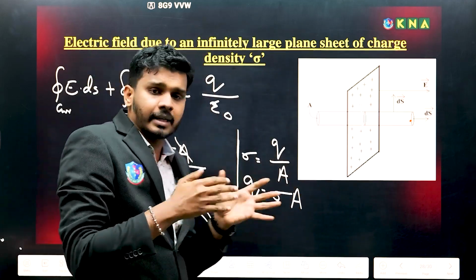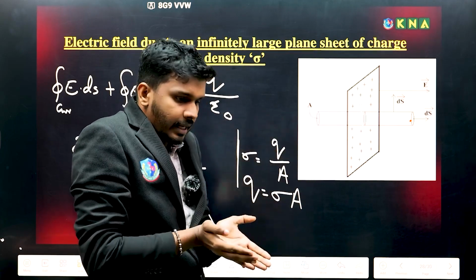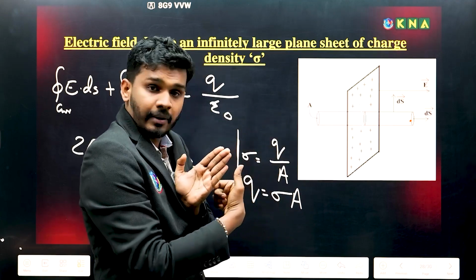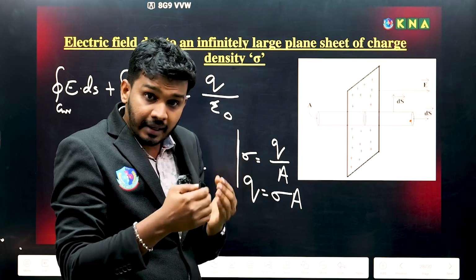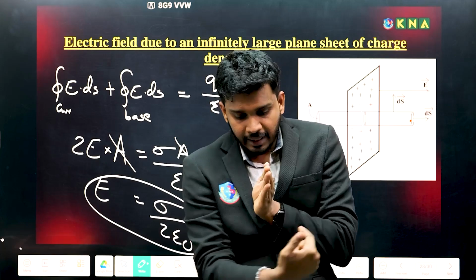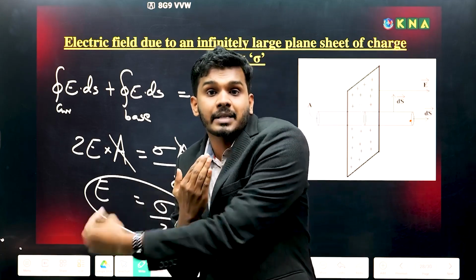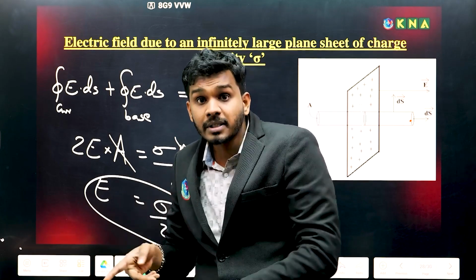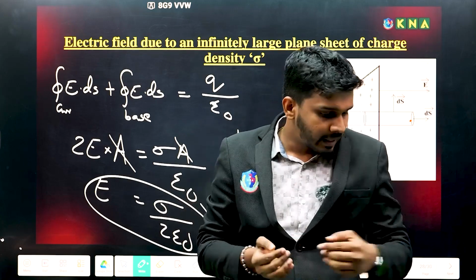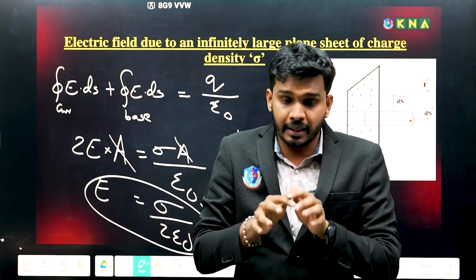If you consider a spherical shape placed in an electric field, some electric flux is entering the spherical shape and some electric flux is leaving.